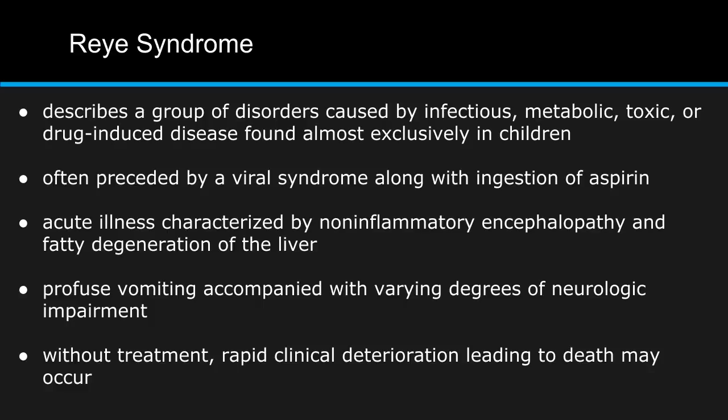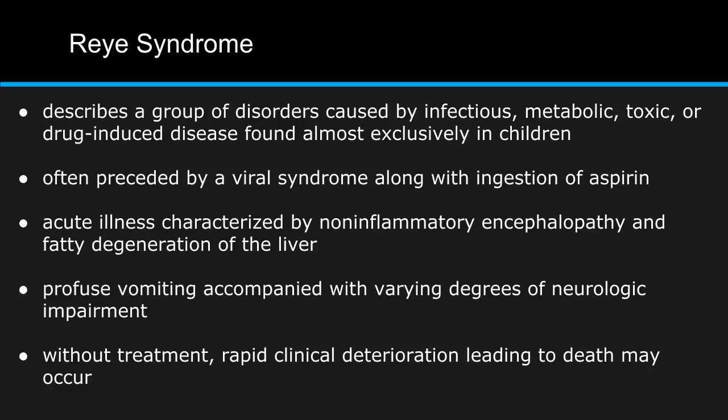Reye syndrome is a term used to describe a group of disorders caused by infectious, metabolic, toxic, or drug-induced disease found almost exclusively in children. It is often preceded by a viral syndrome such as varicella, gastroenteritis, or an upper respiratory tract infection such as influenza. Studies have demonstrated a strong correlation between the ingestion of aspirin during a viral syndrome and the subsequent development of Reye syndrome.